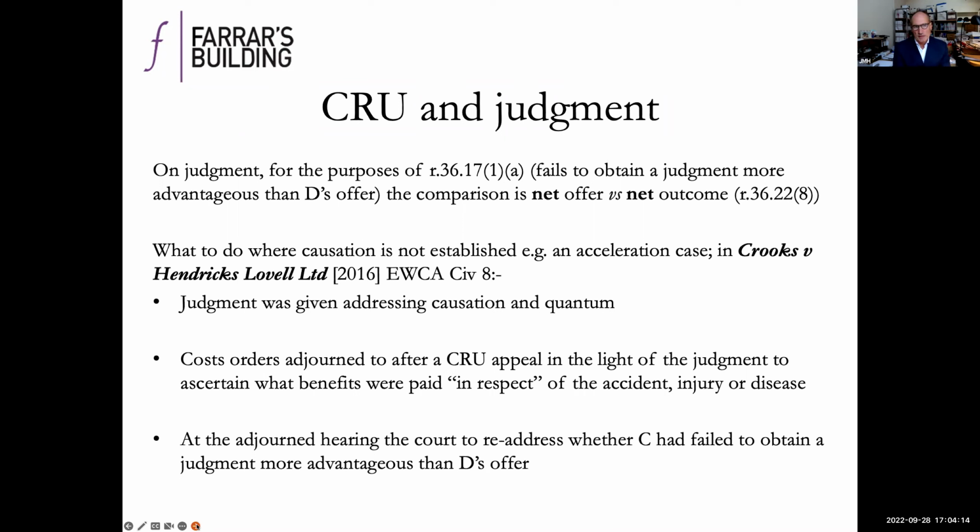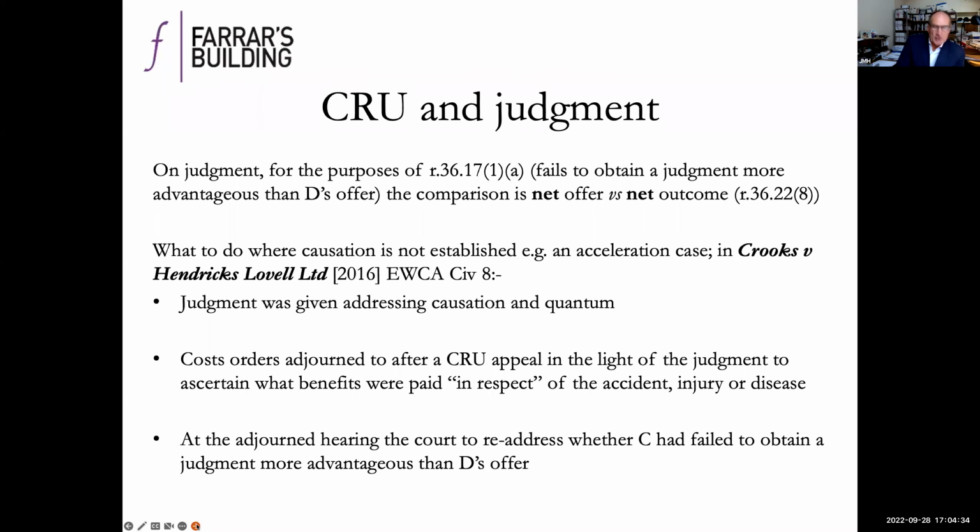The Crooks and Hendricks Lovell from 2016. If you're interested in these particular points, I would respectfully suggest you go and have a read of that case, where the position was put very differently by the parties as to what should be compared with what.